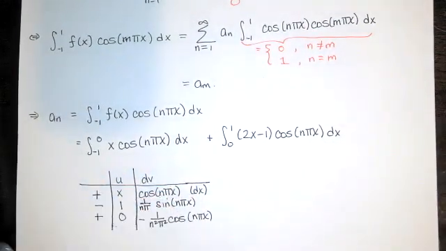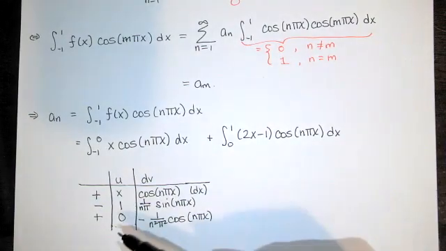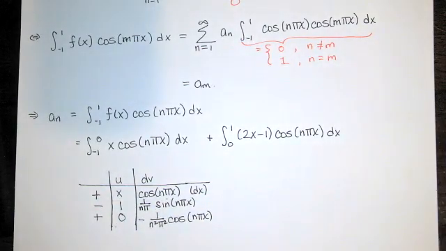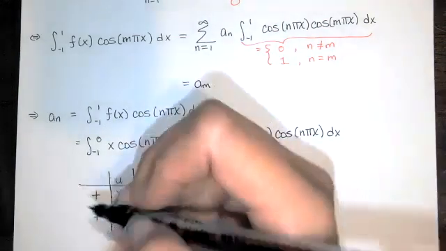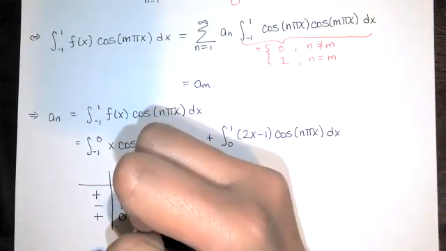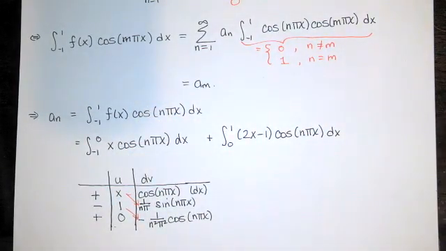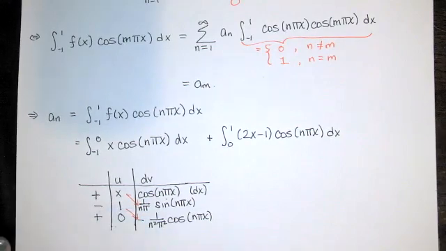Then we have these signs on the outside that come from sort of distribution of that negative in the uv minus the integral of v du formula, if you're doing integration by parts multiple times. And that'll give you your antiderivative. So we've got this times this.